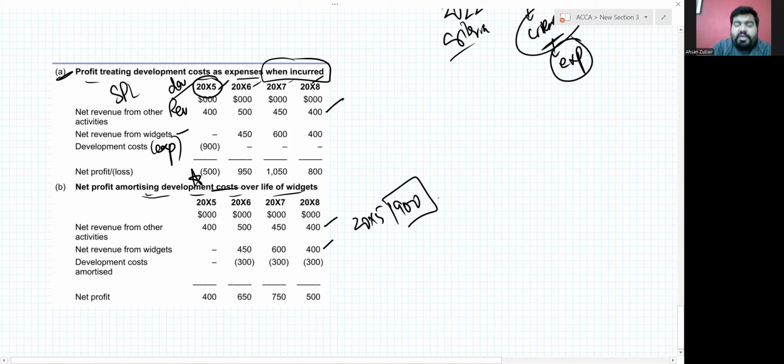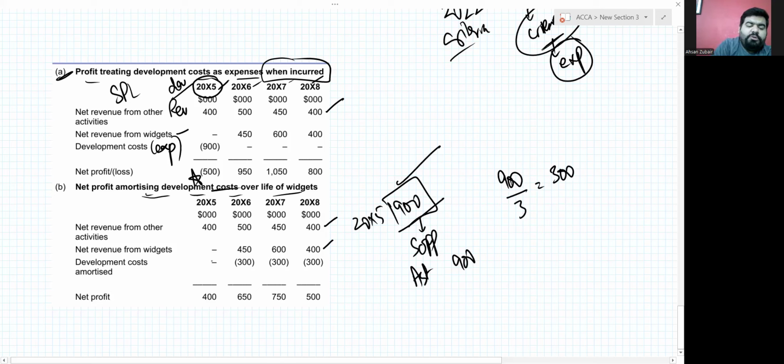So for this 900, because in 2005 the asset is classified, it will be shown in the SOFP as an asset of 900, and the depreciation will be charged each year. Assuming a life of 3 years, it is 300 per year. That's why no cost is written here for 2005, because it is shown as an asset in the SOFP.